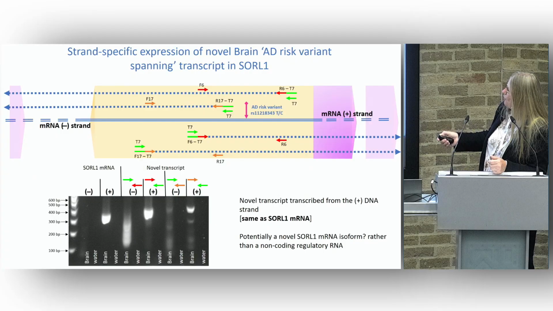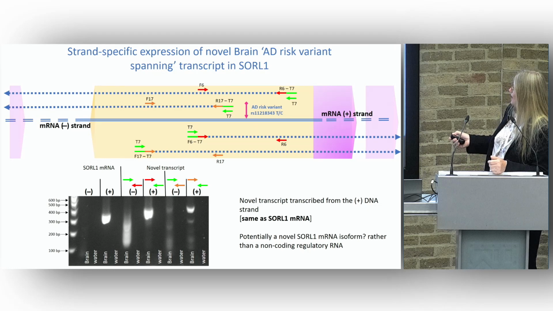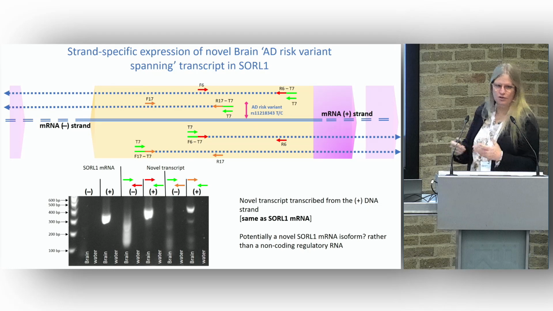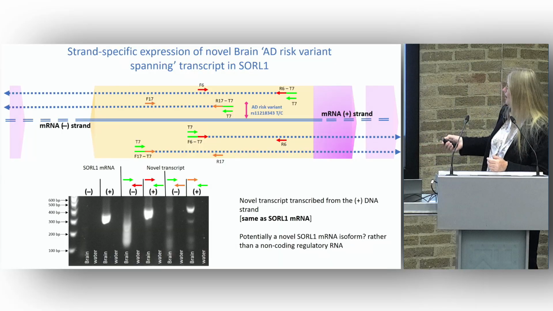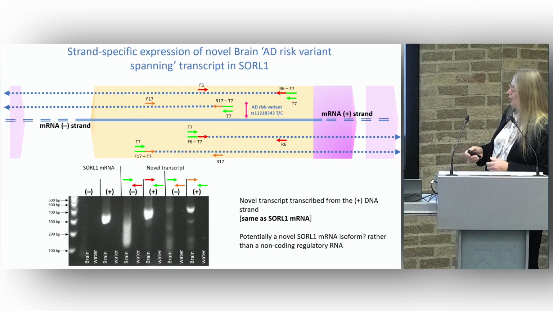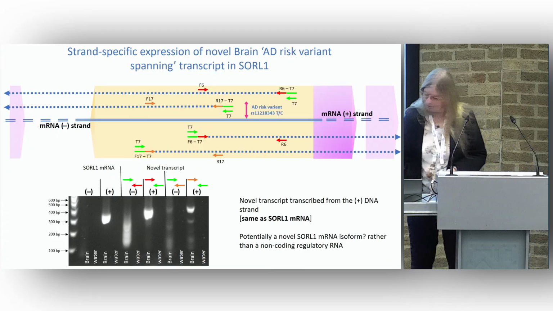When we compared it to our novel transcript, you can see it also is expressed from the top strand. So this tells us that it could well be that the novel transcript that we're detecting may be an mRNA SORL1 isoform, rather than a non-coding regulatory RNA, which it could have been.